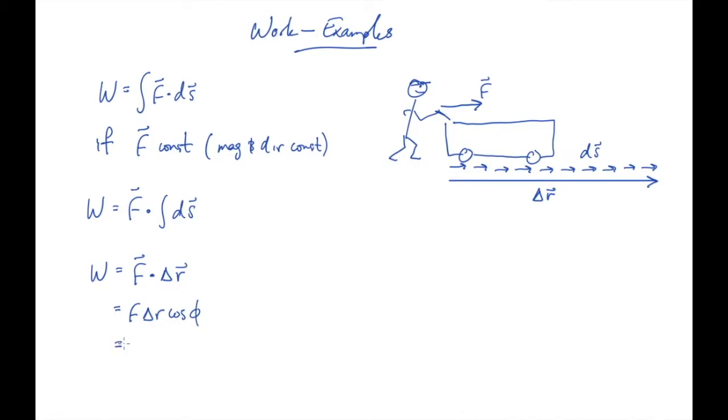You can also rewrite it as the x component of the first vector times the x component of the second, plus the y components multiplied, and so forth. So if the force is constant, here are three ways to rewrite the expression for how to calculate work. It's the force dotted into the displacement, which can be written any of these ways.